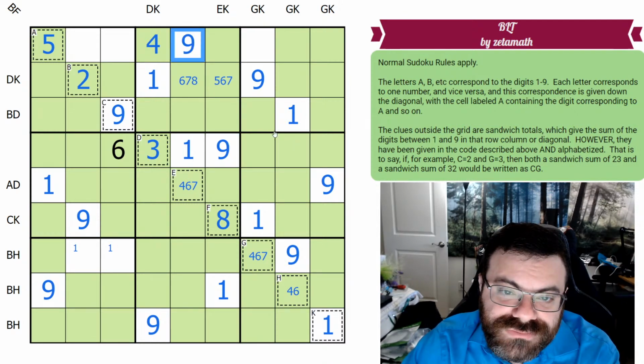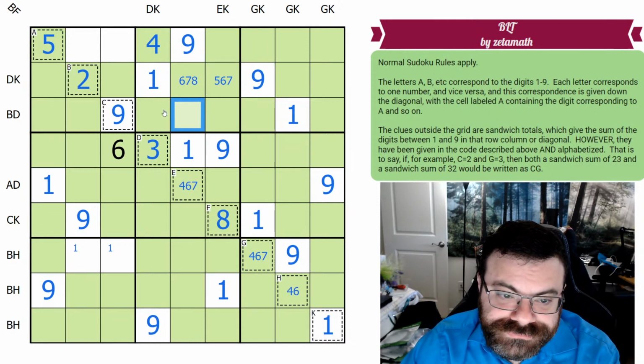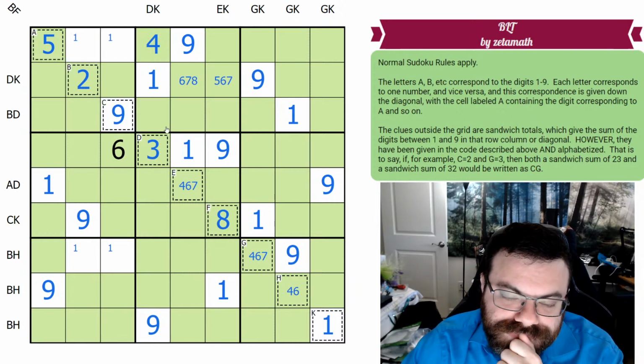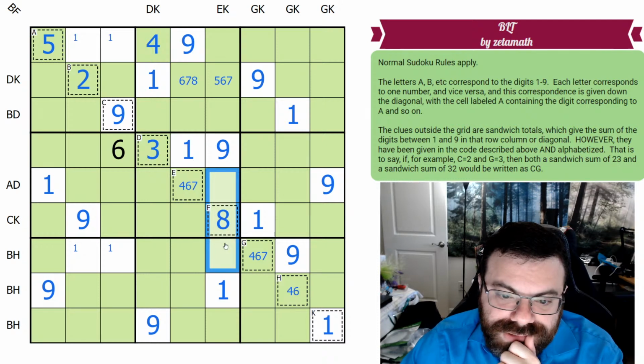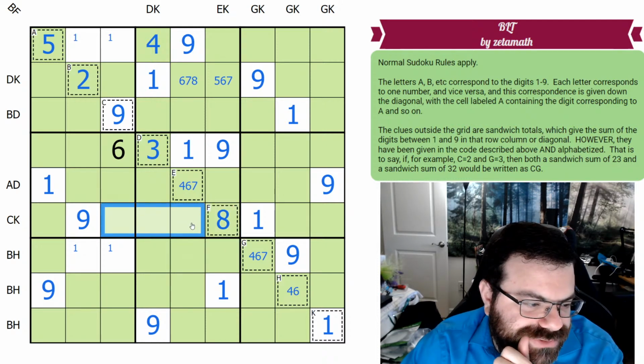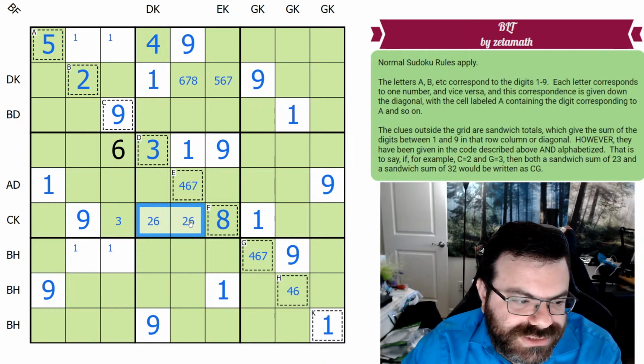Right, so this is now forced to be 9. One's in one of these two. I was looking at this. We can be 2, 3, 6 or 2, 4, 5. We are 2, 3, 6. This would be the 3, and this would be 2, 6.